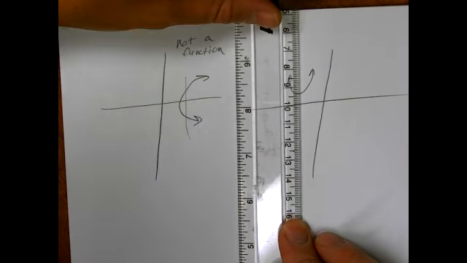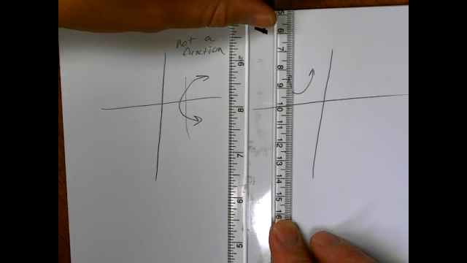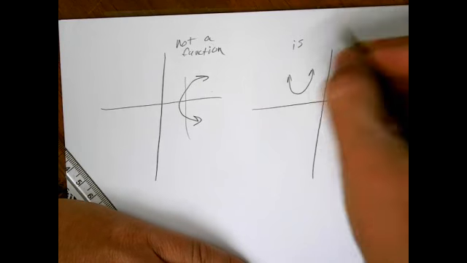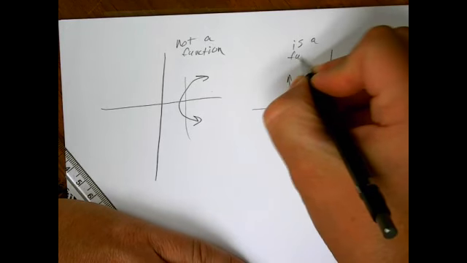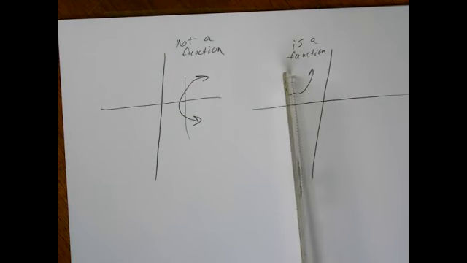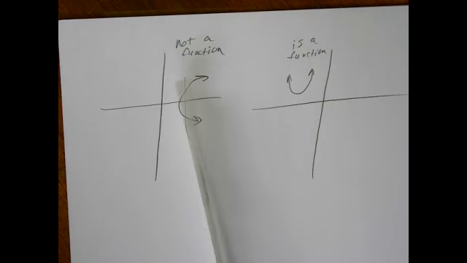Now this parabola, no matter where you draw a vertical line, you can't hit it more than one time. So this parabola is a function, because this one passed the vertical line test, this one failed it.